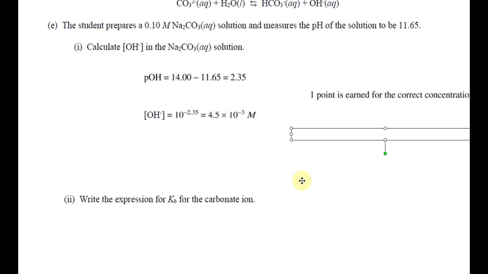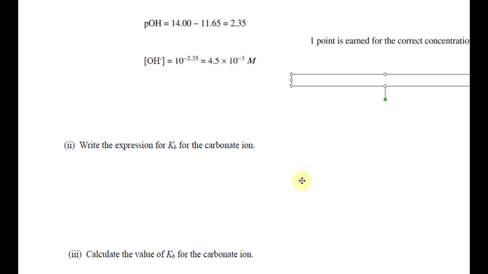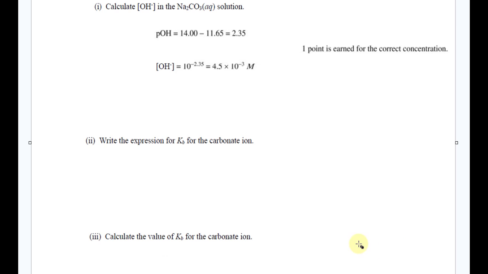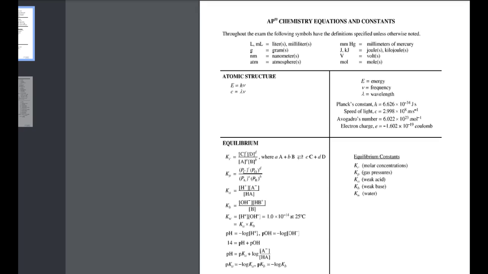So next, write the Kb expression, the ionization constant for the base for this reaction. I certainly hope that you wouldn't have to go to the equation sheet to find out the equation for the Kb, the ionization constant for a basic solution. This should be one that you would know.